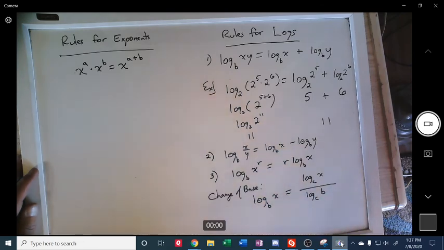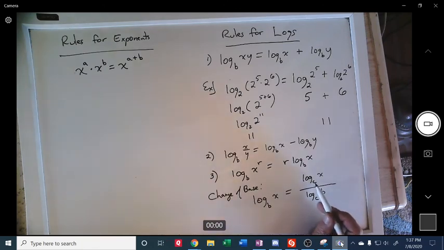But we have the new base c right over here. Now, the c that's typically chosen is either base 10 or base e, because those are the only logarithms on most calculators. And so we change to one of those with the change of base formula.